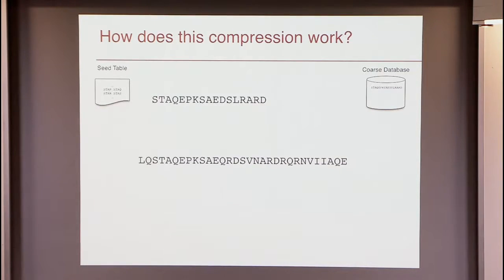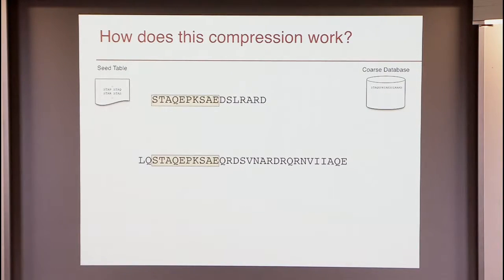Another sequence comes along. What we do is we slide a k-mer window along it, and we see if we've seen that k-mer before. Well, we haven't seen LQST. We haven't seen QSTA. But we have seen STAQ, rather conveniently right at the beginning of this other sequence. So we try to extend, just like BLAST would. First, we do an ungapped extension.